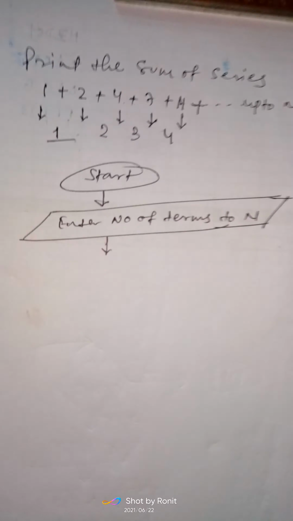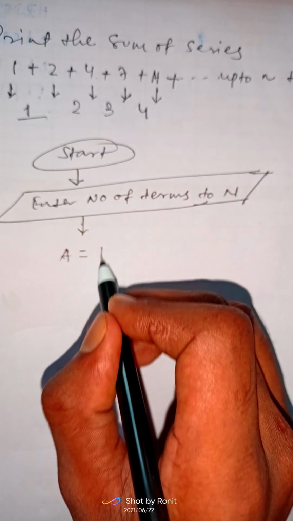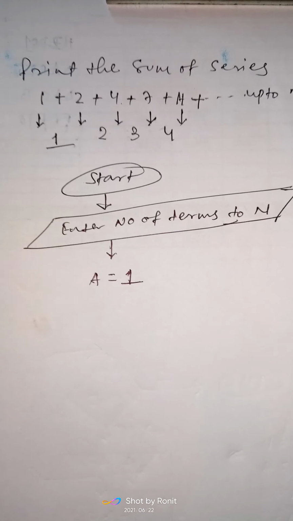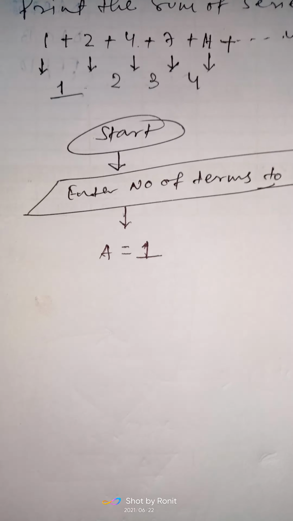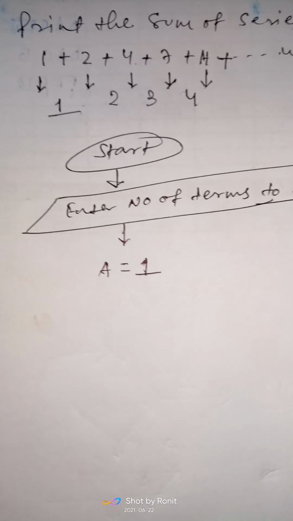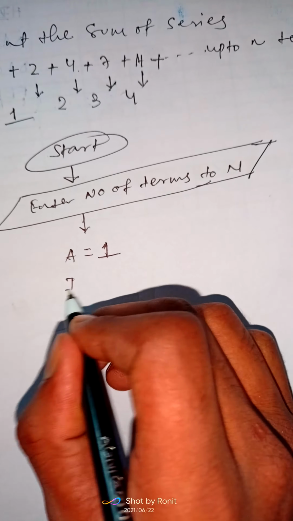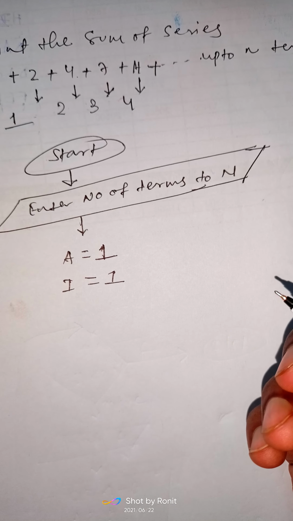Now let the first term be a, that is 1. We are moving to n terms, so for that we have to consider a counter variable. Let the counter variable be I, that is 1.